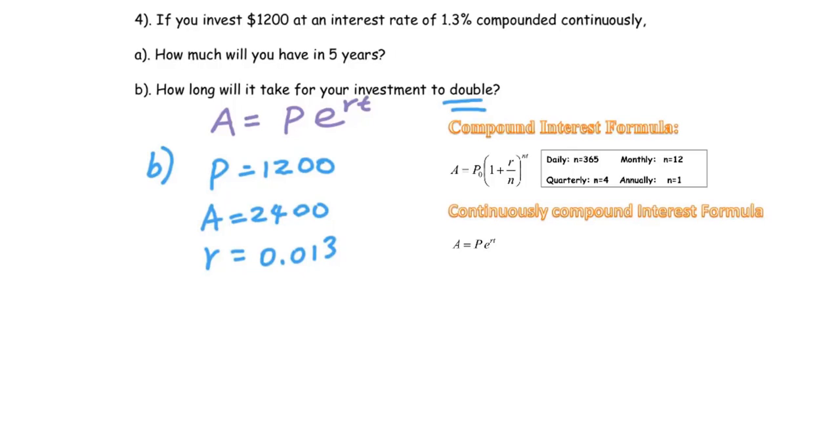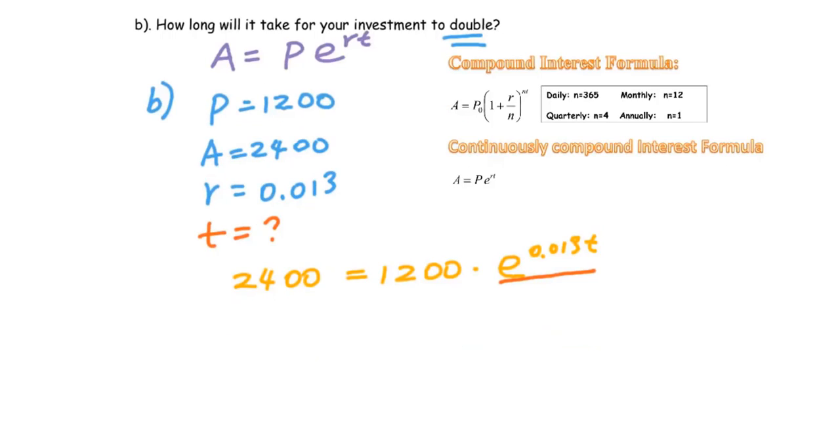We are looking for T. So we plug in the formula, we got 2,400 equals 1,200 times e to the 0.013 T. This is an exponential equation. So isolate the exponential form first. Therefore, we divide by 1,200 both sides.